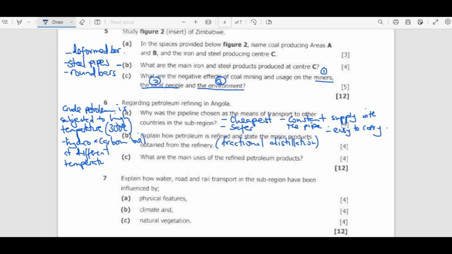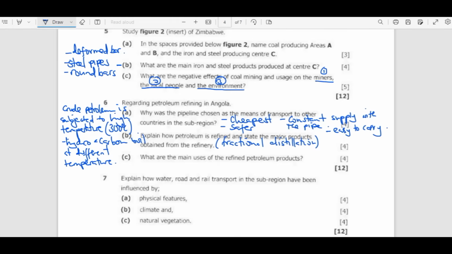So by different temperature, you find that those other substances that are found in crude oil petroleum, they will leave. That's why there is a use of fractional distillation there.